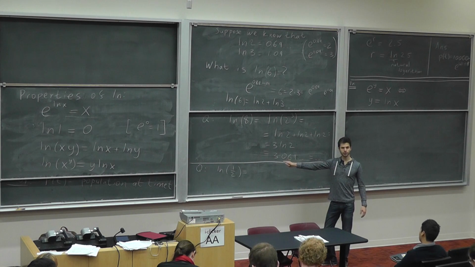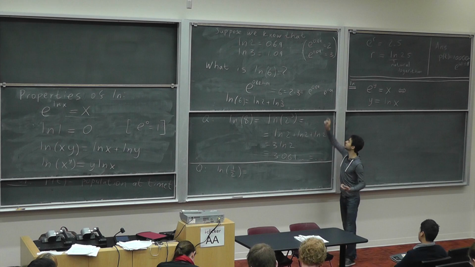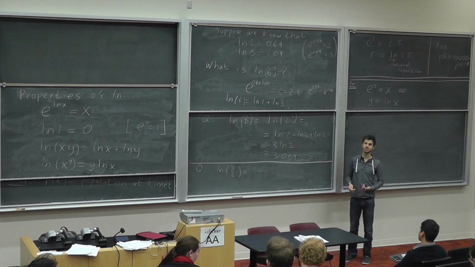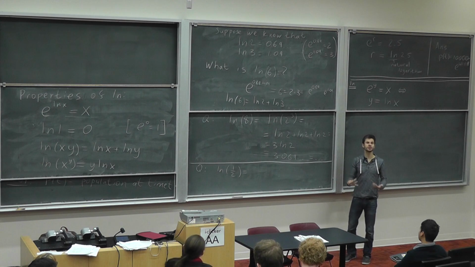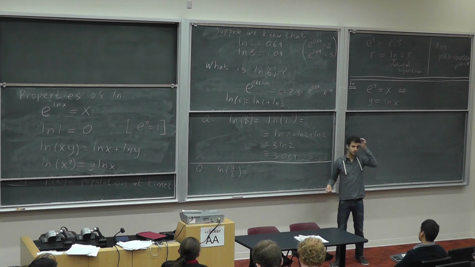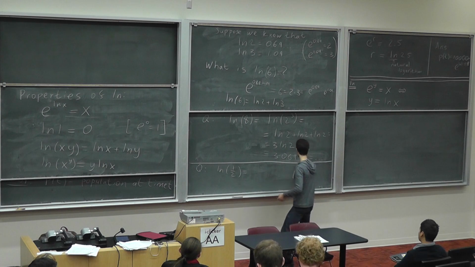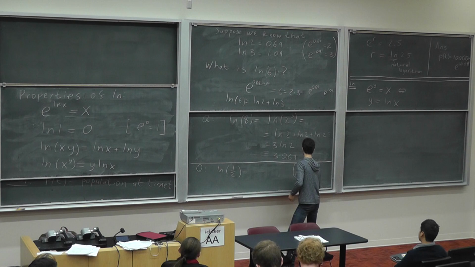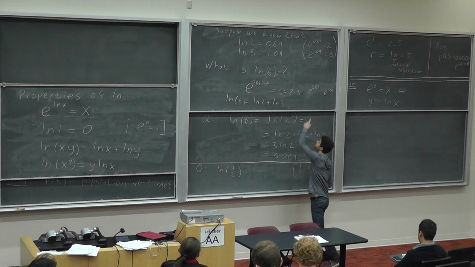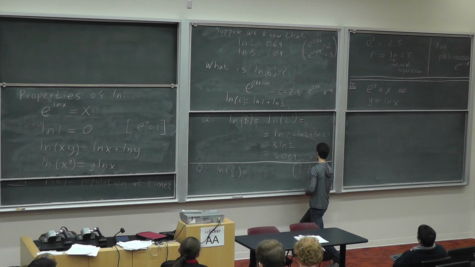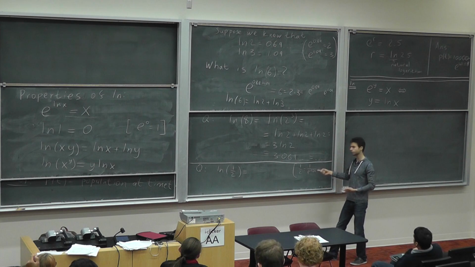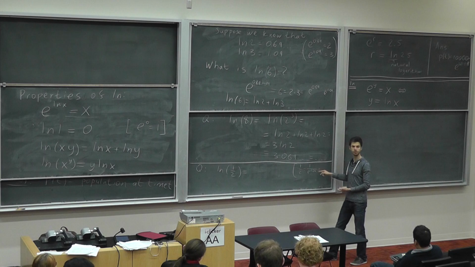So if I know that e raised to the power of 0.69 is 2, how can I get 1 half? Well, 1 half is just 1 divided by this thing, e to the power 0.69 something. I can write it as e raised to the power minus 0.69.